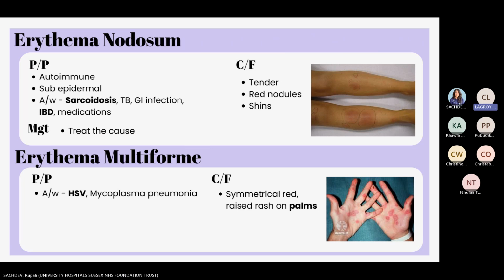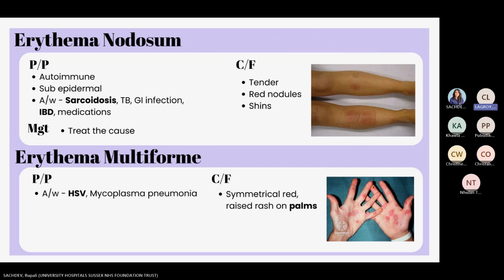Perfect. So erythema nodosum, the pathophysiology is autoimmune in nature, and it affects the subepidermal layer of the skin. It presents as part of other pathologies, including sarcoidosis, which is quite prominent in that.